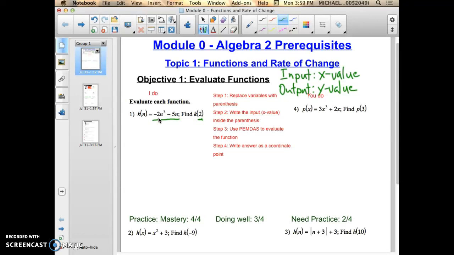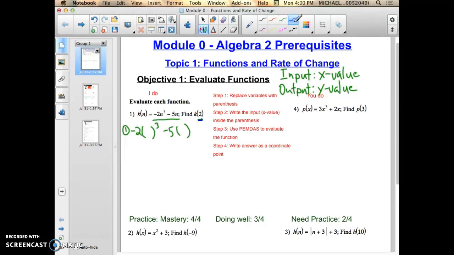The first step in that process is going to be to replace the variable n, the unknown variable, with parentheses. So please show this step: negative 2 parenthesis cubed minus 5 parenthesis. So instead of n's, I write parentheses. I'm going to switch colors here because my second step then is to write the input, the x value that they tell me to evaluate, inside the parentheses.